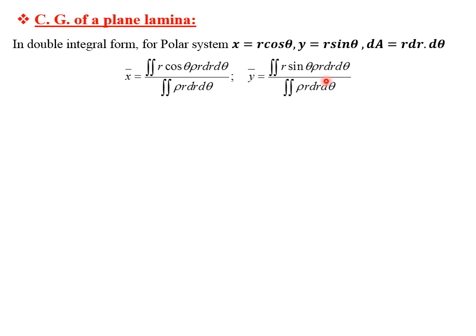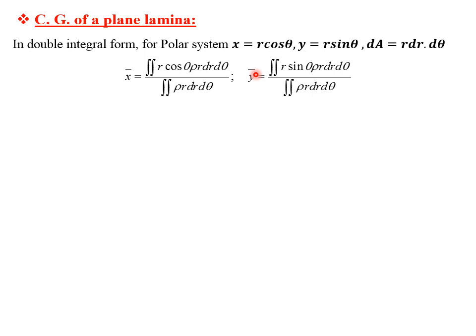Now, a doubt may come to someone's mind that as we are solving this, we are using these formulae for a polar coordinate system, then how are we representing these points with x bar and y bar. So let me clear one thing.